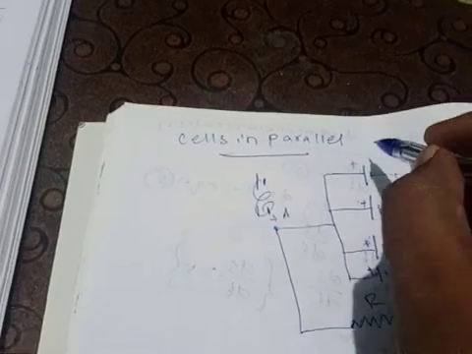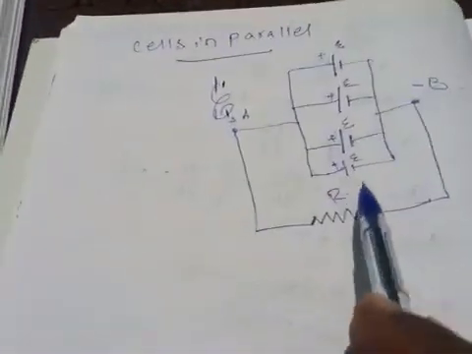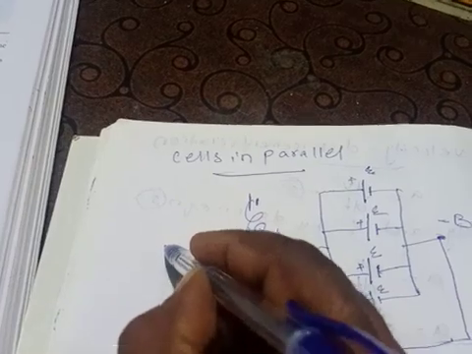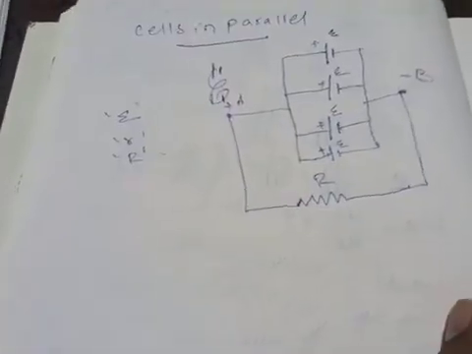This is how cells are connected in parallel. Each cell has its EMF epsilon and internal resistance r, and external resistance capital R is there in this circuit.